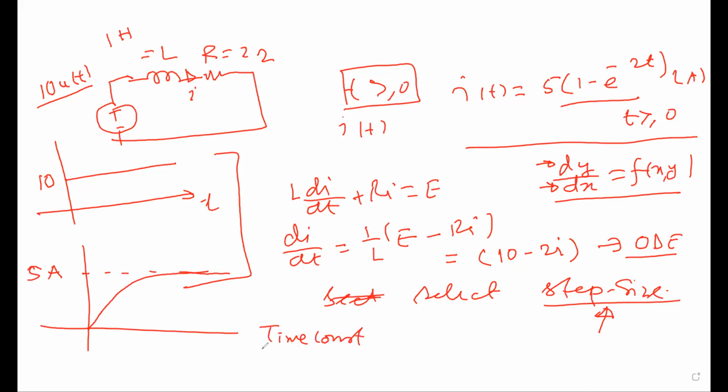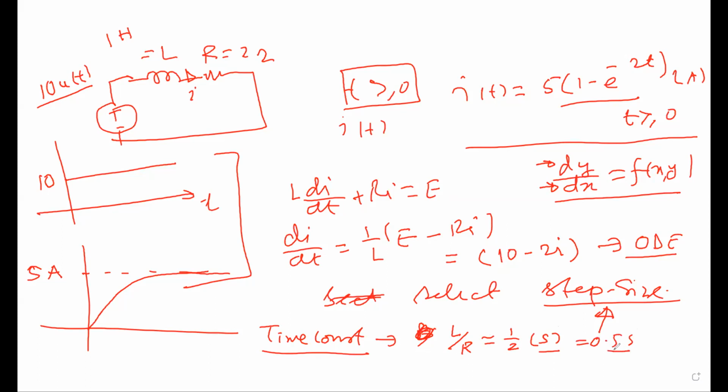What is the time constant of this circuit? It is L by R. So in this case, our time constant is half second, isn't it? It is equal to 0.5 second.